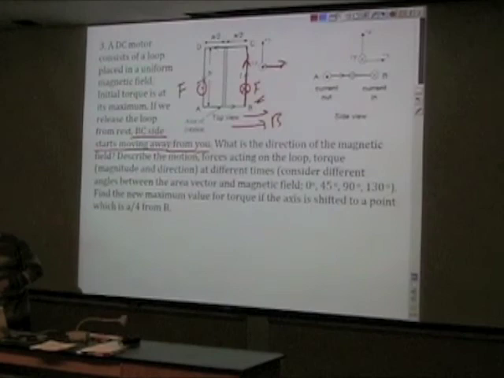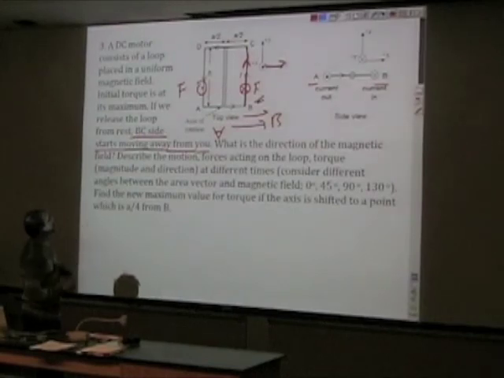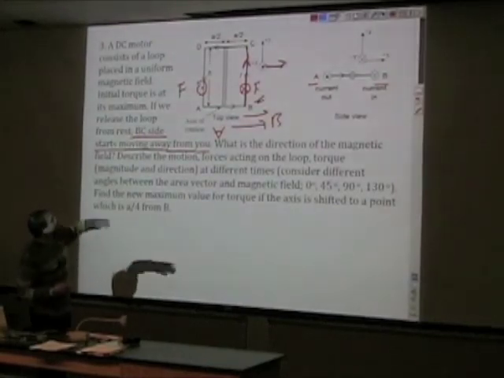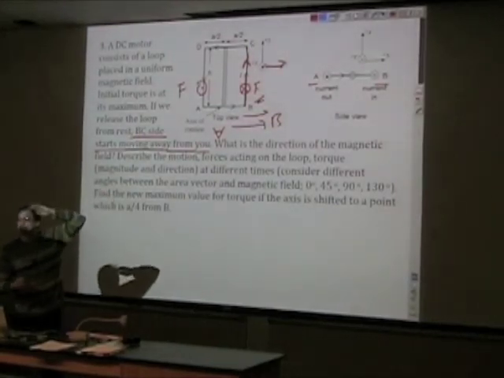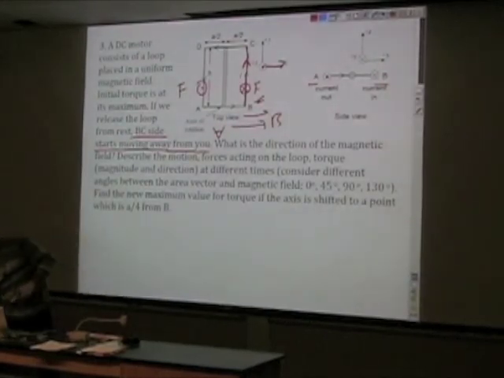Well, side view. Which side? A, B. So if your eye now is here, you're looking like that. This is the side you see. So you have to turn it around in your mind. The magnetic field still points in the same direction.